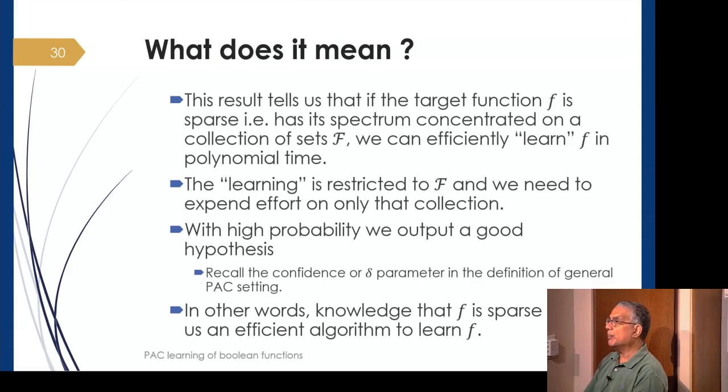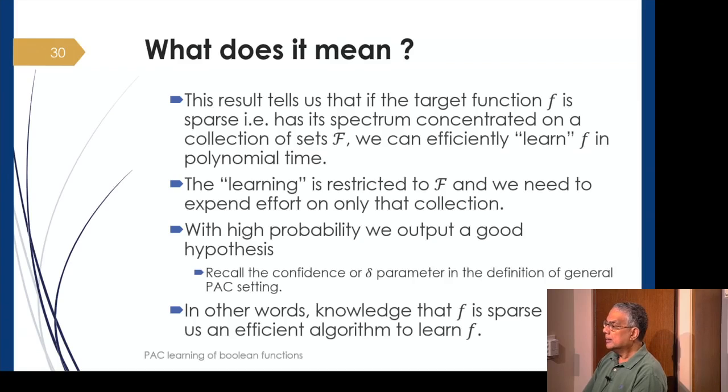The reason is that the polynomial, the way we defined it, is in the size of F, the set of coefficients that matter. If that set is too large, if it's exponential, being polynomial in that is not very interesting, because we want finally the entire learning scheme to be polynomial in n, the number of bits in the input.